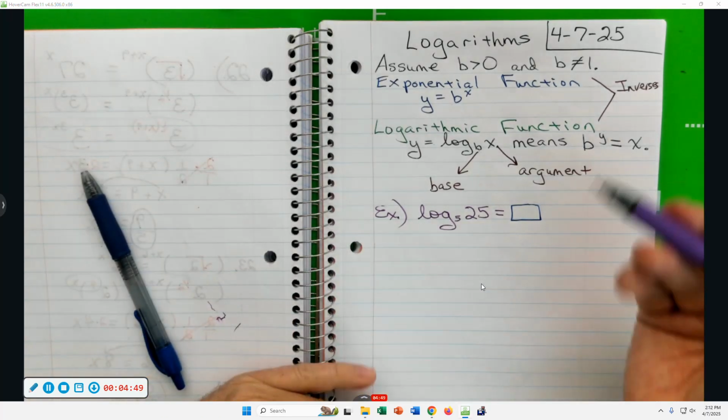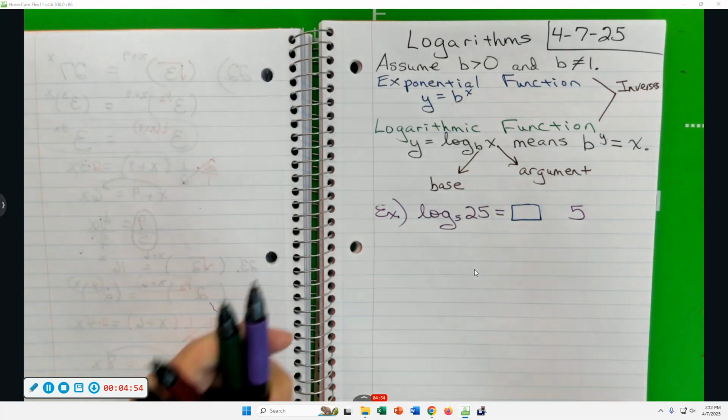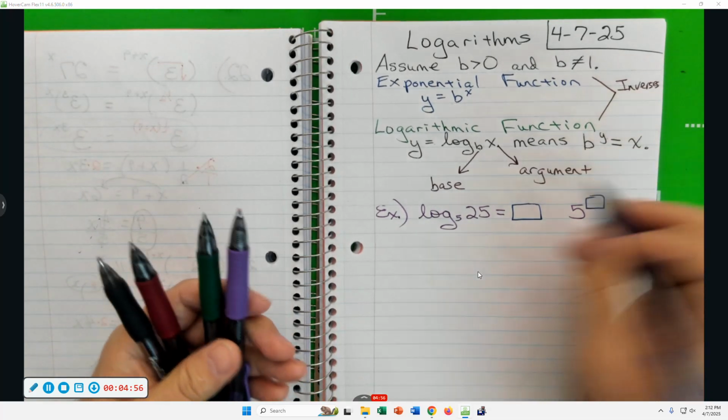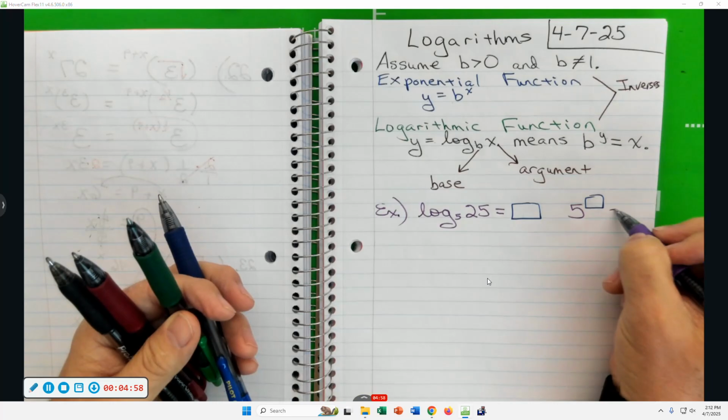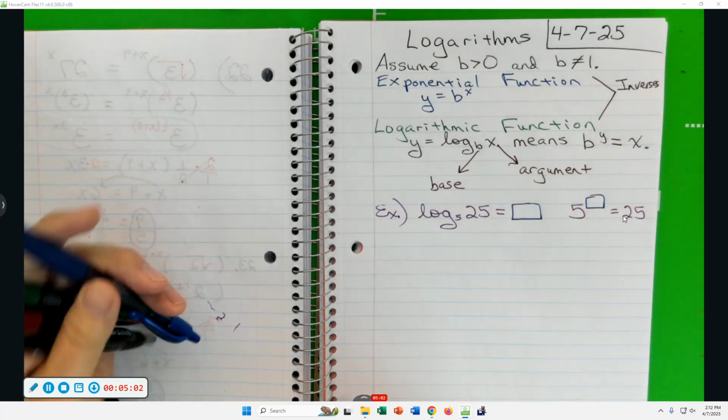That's what you're asking yourself. 5 to what power is equal to 25? What exponent do you put on 5 to get 25?